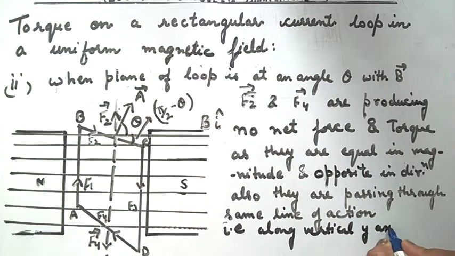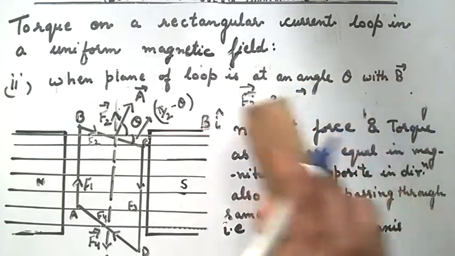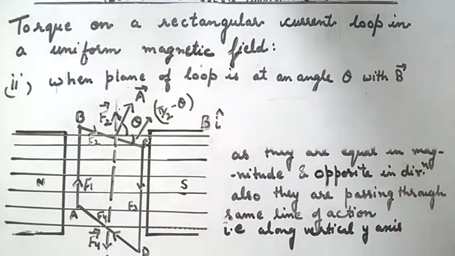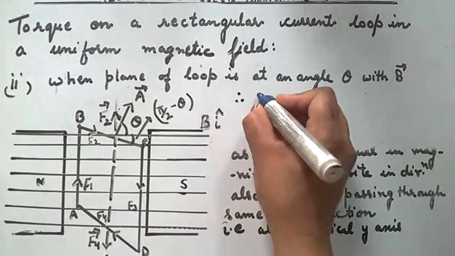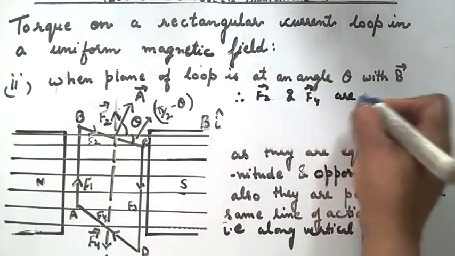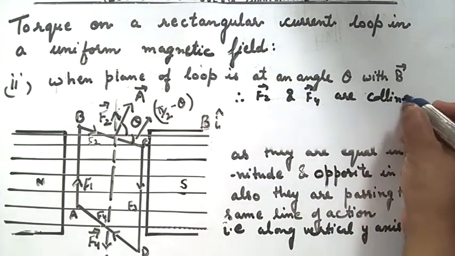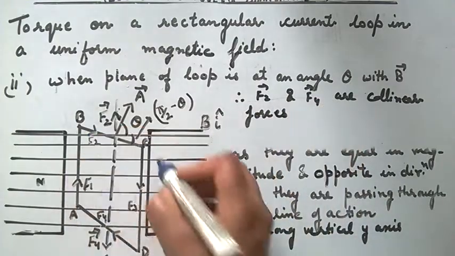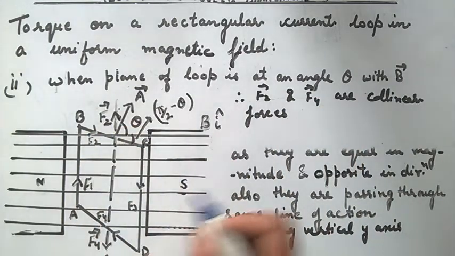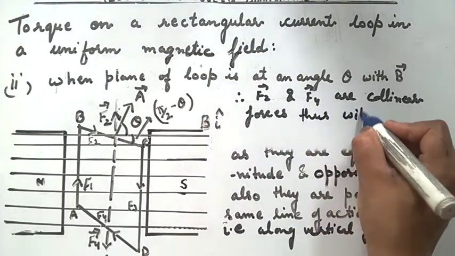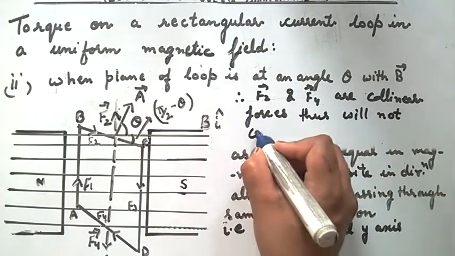Therefore, these forces are collinear forces, which are anti-parallel and pass through the same line of action, and thus will not create any torque.